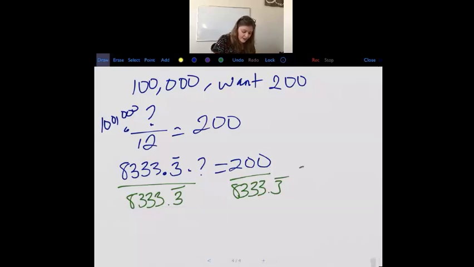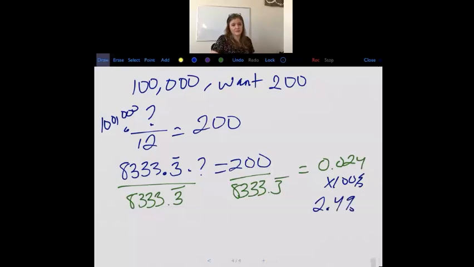And I get 0.024. So that's the rate as a decimal. To make it into a percentage, multiply by 100%. So we would want an interest rate of 2.4% in order to withdraw monthly interest payments of $200.